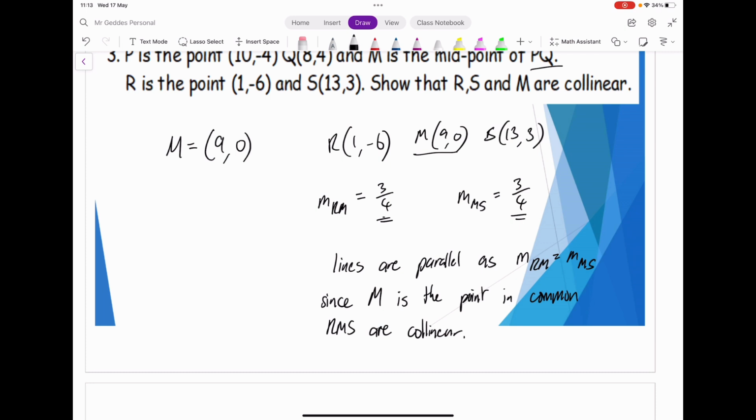So there's a wee bit of leeway, but not much on this statement. Lines are parallel because the gradients are the same. The point M is the point in common, and then the word collinear has to appear.